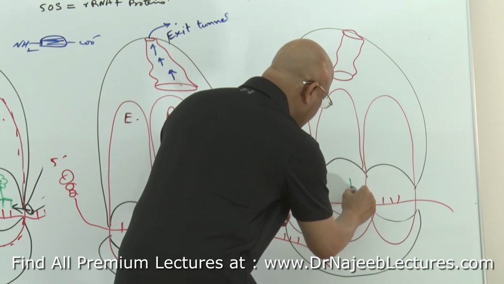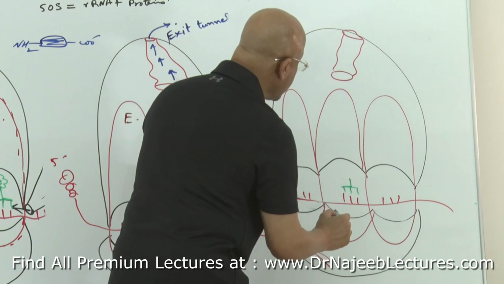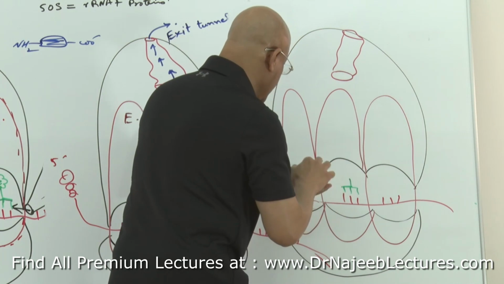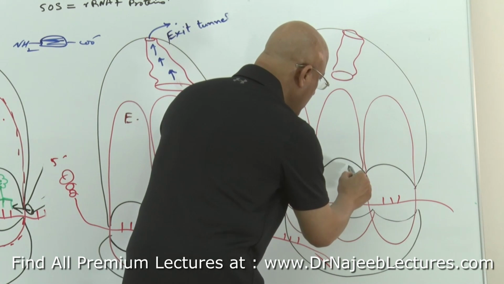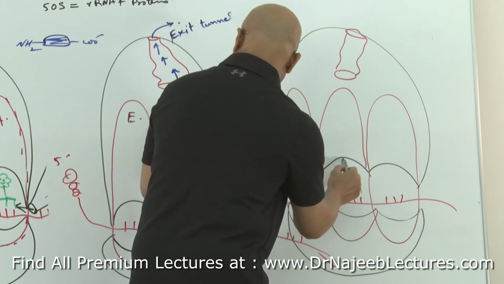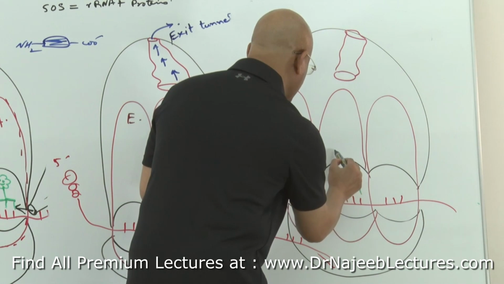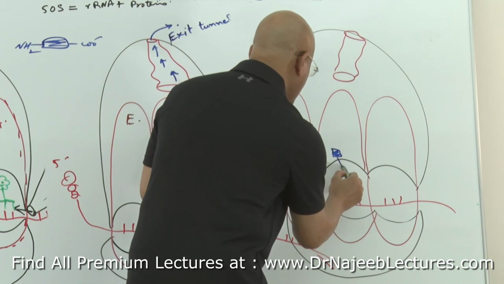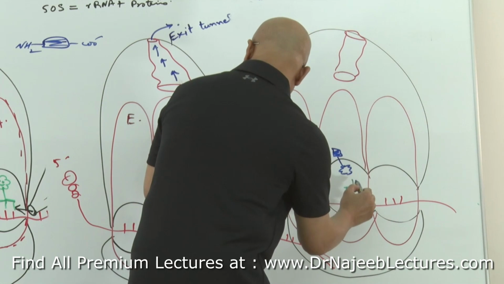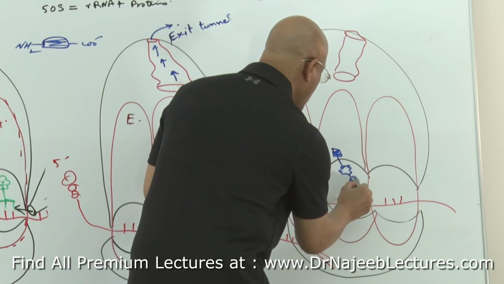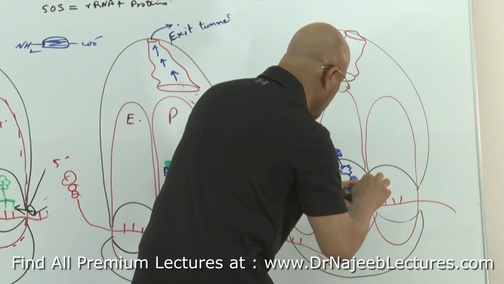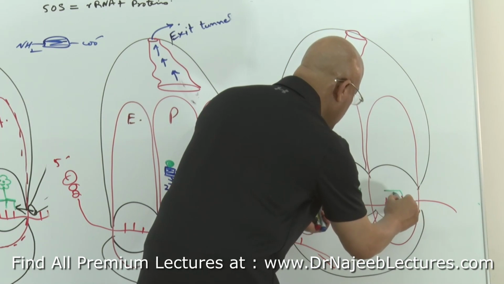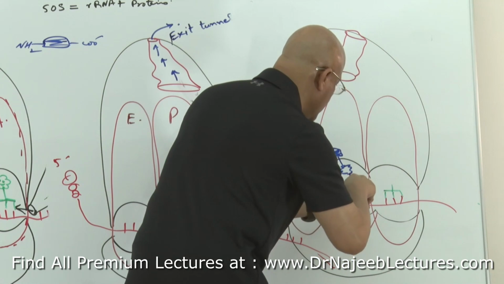Here was the transfer RNA at the P site having the nascent chain, in which there were amino acids.